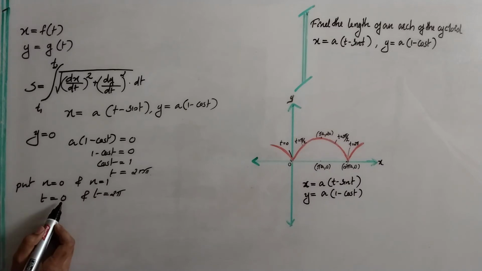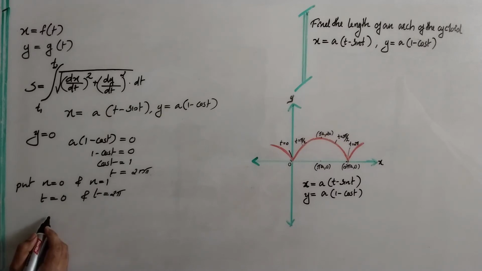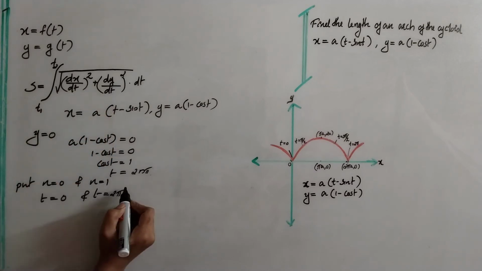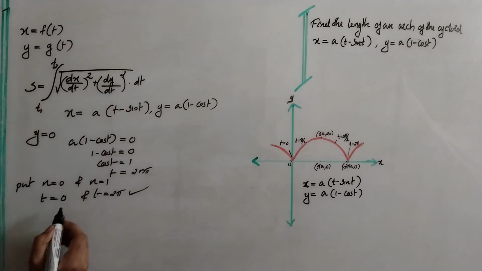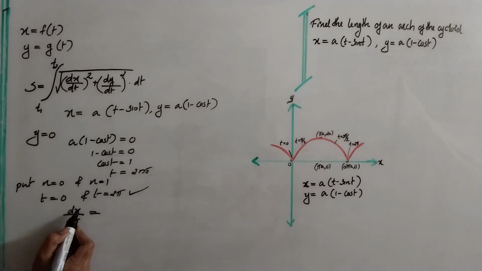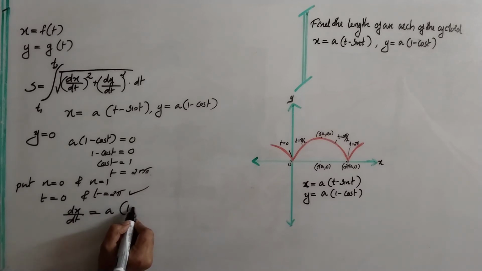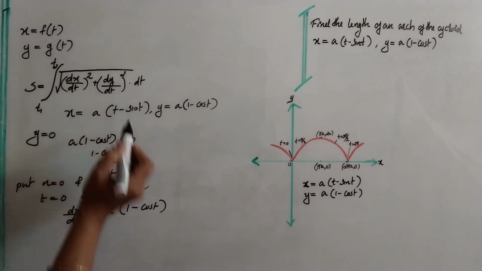So the limits of integration are t equal to 0 and t equal to 2 pi. Next step is we have to find dx by dt and dy by dt. Dx by dt: x is a into t minus sin t, so differentiating with respect to t, we get a into 1 minus cos t, since d by dt of t is 1 and d by dt of sin t is cos t.